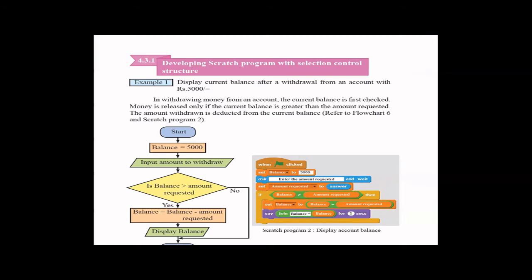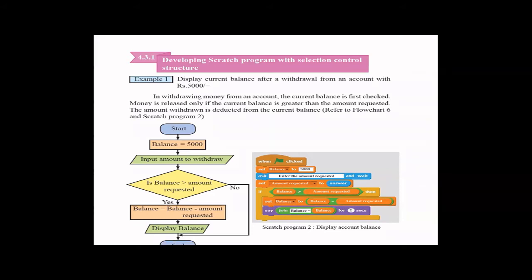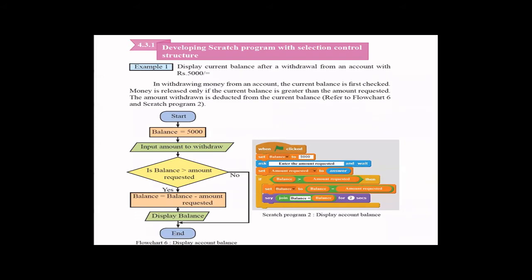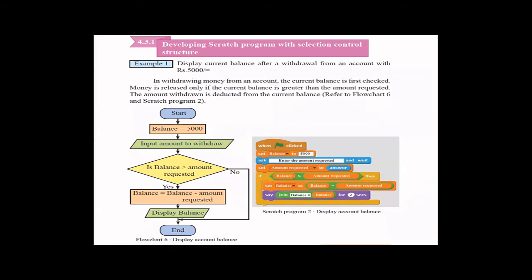They have to show the balance. So when you withdraw money, definitely the bank will be checking whether your current balance is enough. Otherwise, they cannot give you the money, because you should have enough money in your account to get the money.